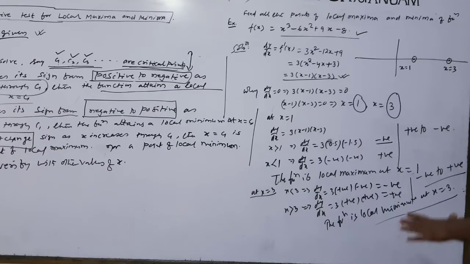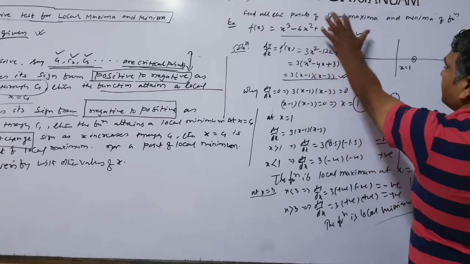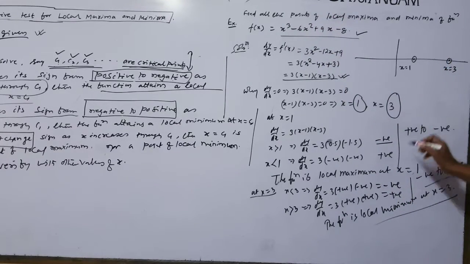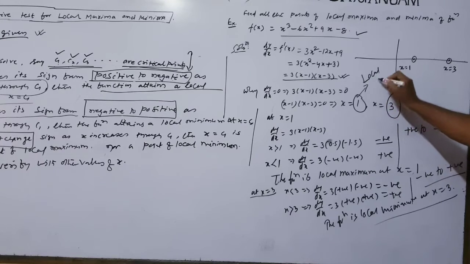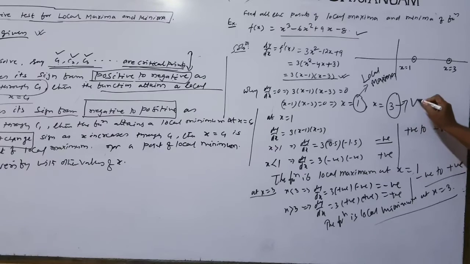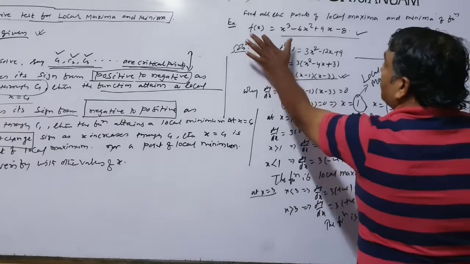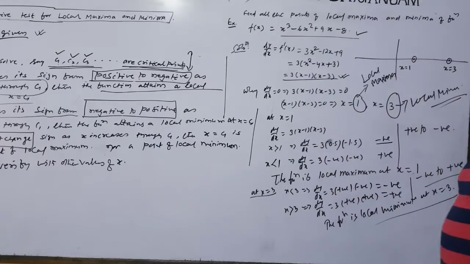So local minima, local maxima. Now one question is find the points. The point of local maxima is this, and this is the local minima. Okay. Now another question is, find the greatest and least value.